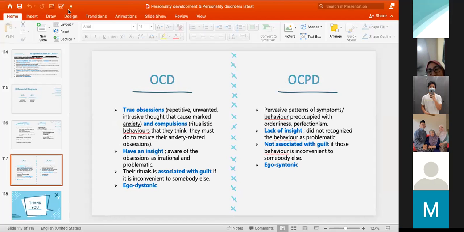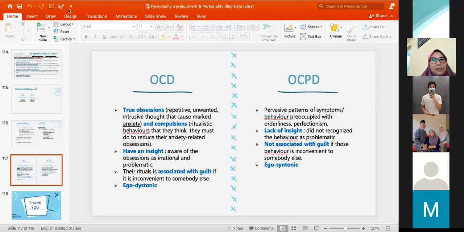Ego dystonic is something that does not align with the self-concept of an individual, meaning that the individual's OCD does not align with the individual's belief or concept, meaning that he hates that he has OCD.